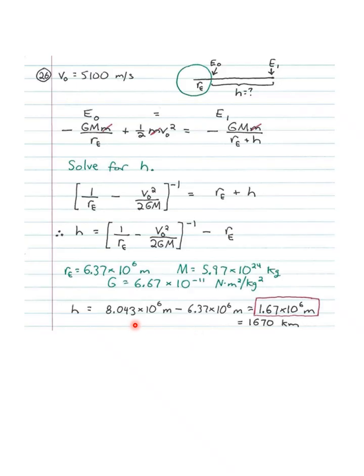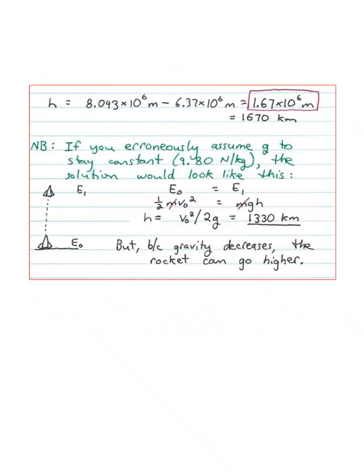So it's up at 8 times 10 to the 6 meters above the center of the Earth, but then we're going to subtract away the radius of the Earth, 6.37 times 10 to the 6, because we want to get just simply how high above the surface it is. So we'll subtract those, and we get 1.67 times 10 to the 6 meters, or 1670 kilometers. And there it is again, 1670 kilometers.